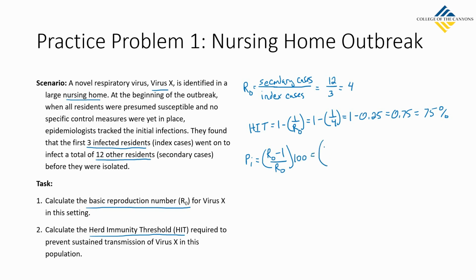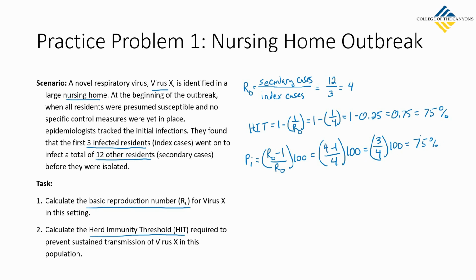So here we are, R0 is 4. 4 minus 1 over R0, so over 4 times 100. 4 minus 1 is 3 over 4 times 100. So 3 divided by 4 is 0.75 times 100 is, and we're back to 75%. So again, they're different forms of the same formula, and give us the same information.